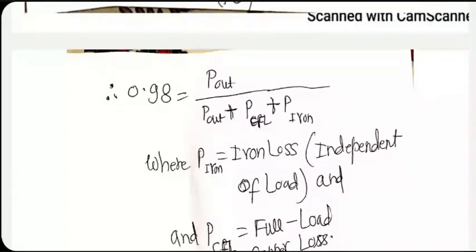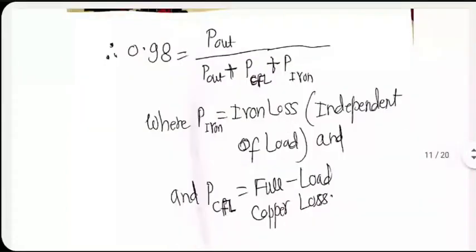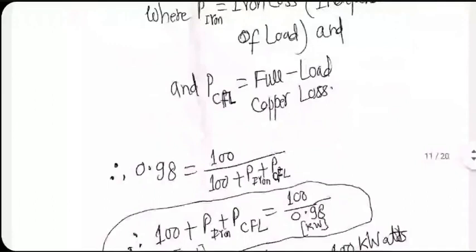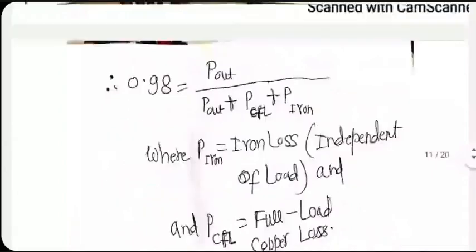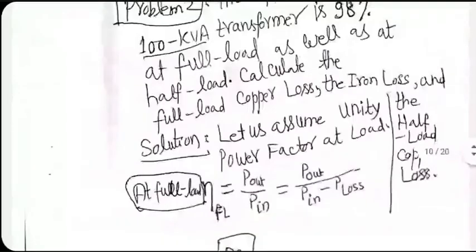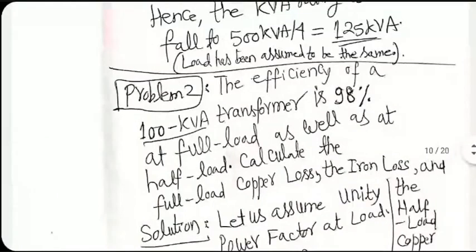So if you solve this equation, you get the value of P iron plus PCFL. Everything is in kilowatts in this equation. Because it's a 100 kVA transformer, we are assuming power factor to be 1.